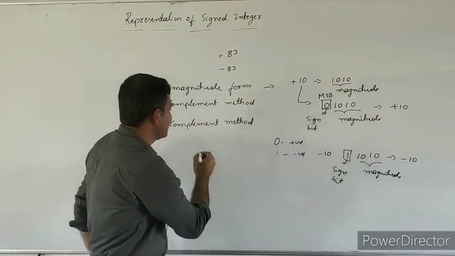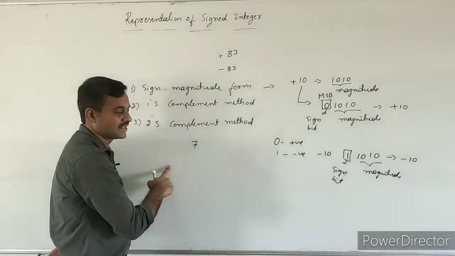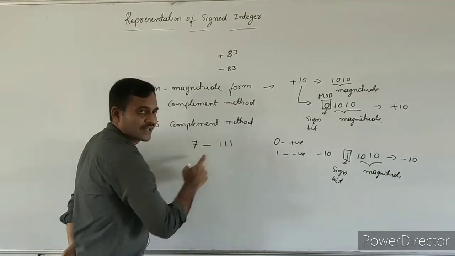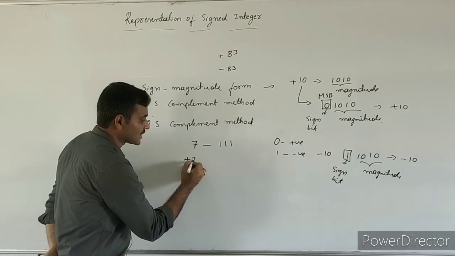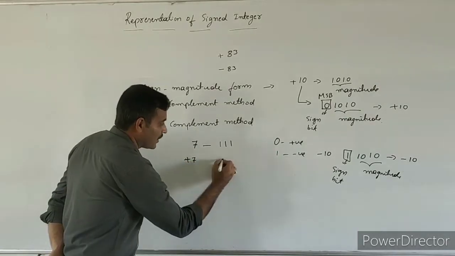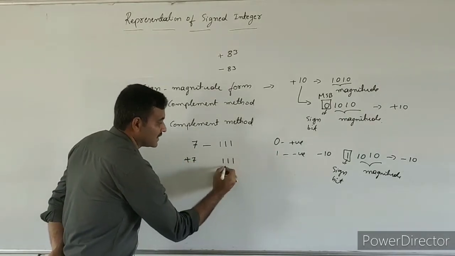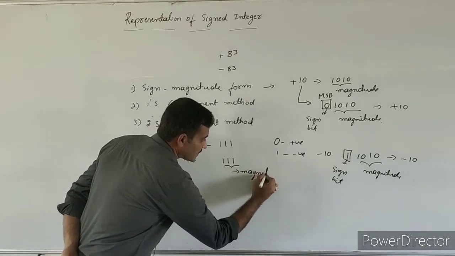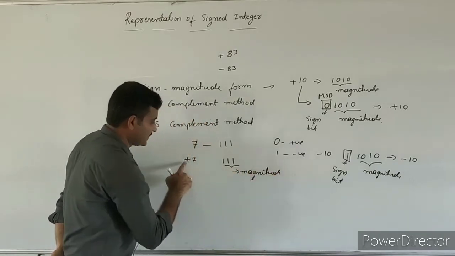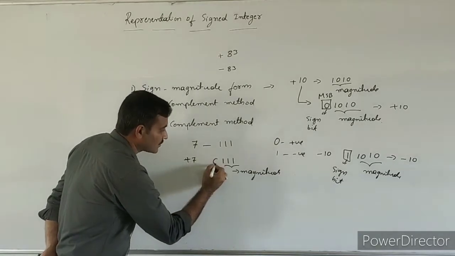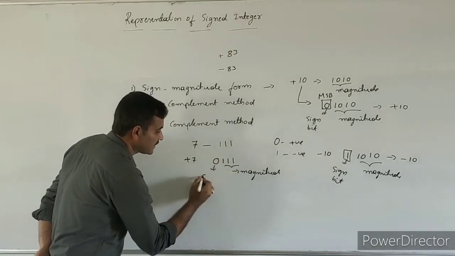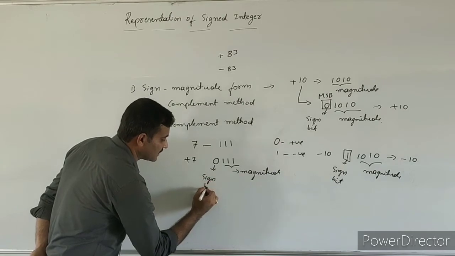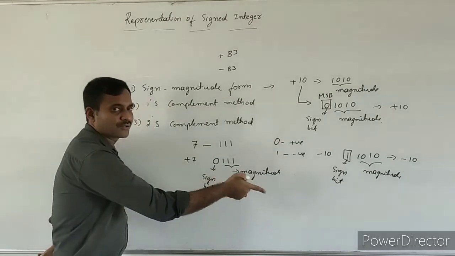For example, take 7, which is represented as 111. If we represent positive 7, the value of 7 is 111. This is called the magnitude. If it is positive, we add 0 to the most significant bit. This bit is called the sign bit. This is the sign magnitude form.